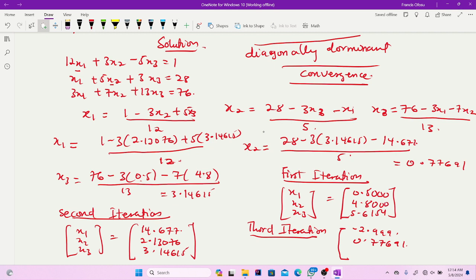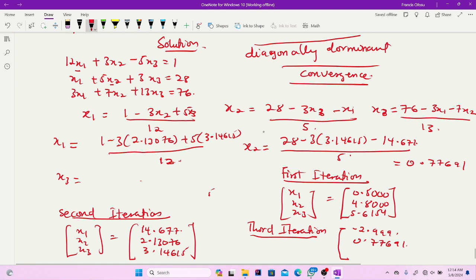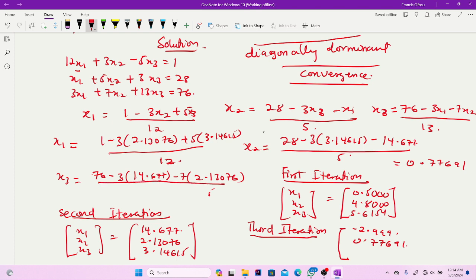Okay, so now let's finally come to the x3 here. So with the x3, I simply have 76 minus 3 multiplying the x1, which is what? My new x1 is 14.677 minus 7, x2 is 2.13076 all over the expression 13.